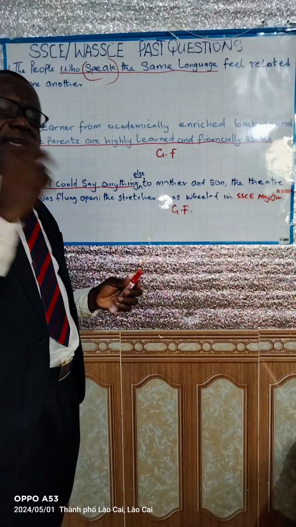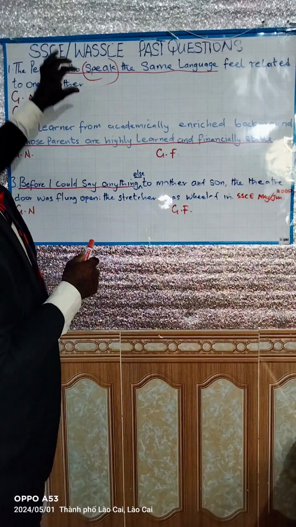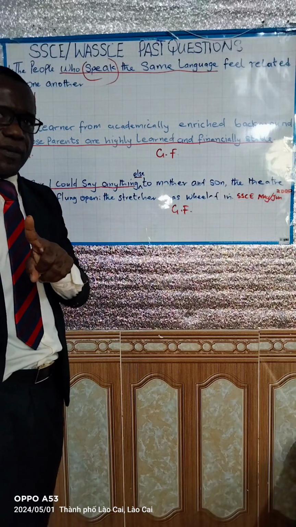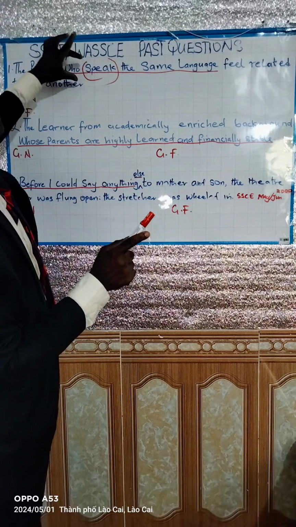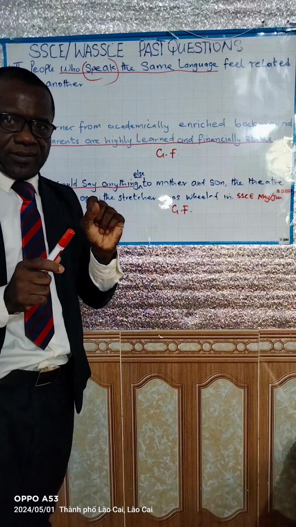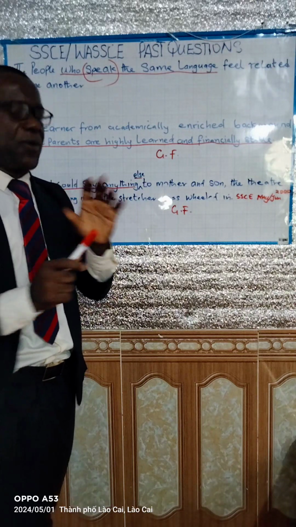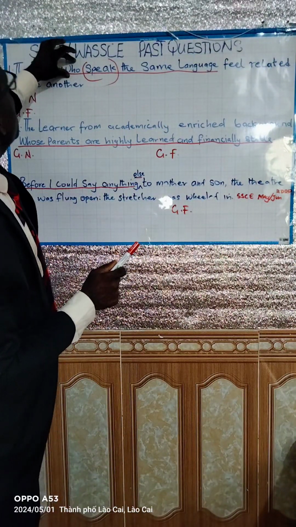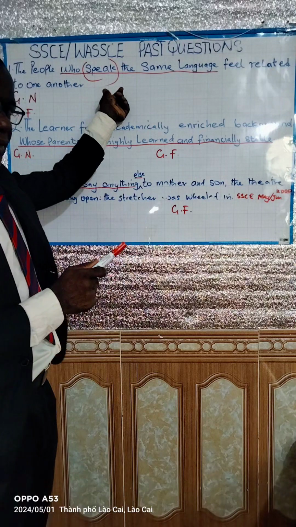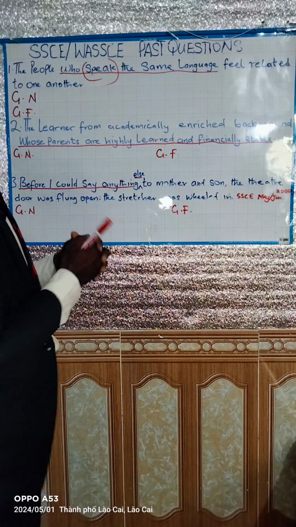And the meaning is that since it contains a finite verb, then it means we are dealing with a clause. Okay? So it has passed test 1 who, test 2 speak, it is a clause. Then test 3.